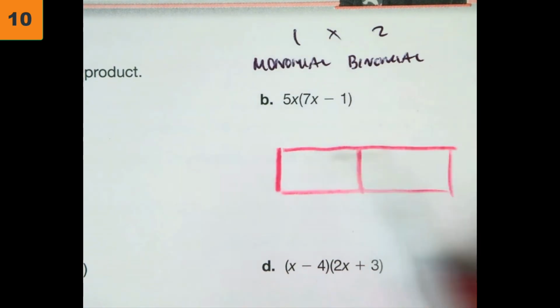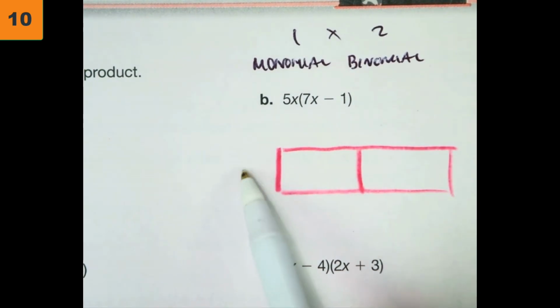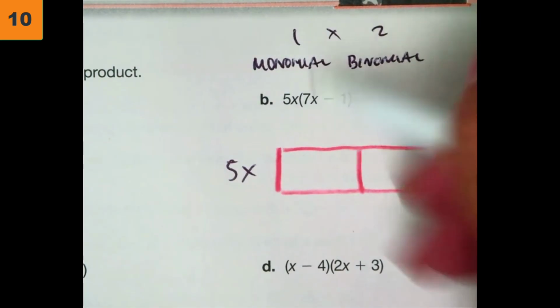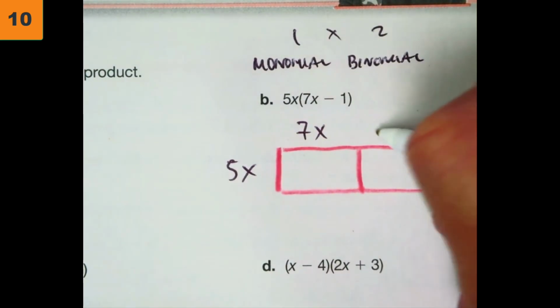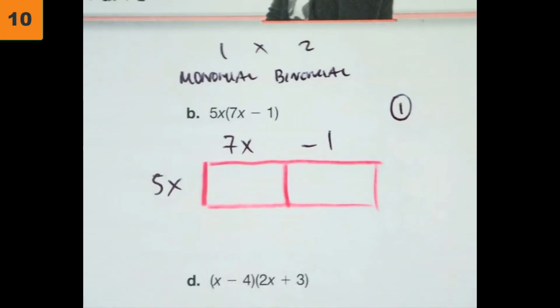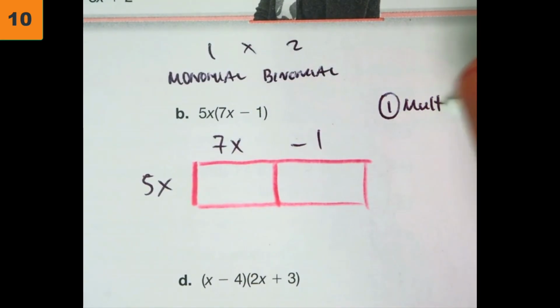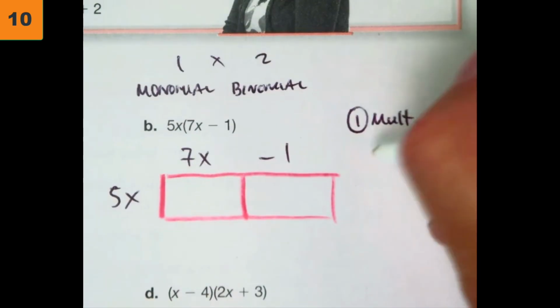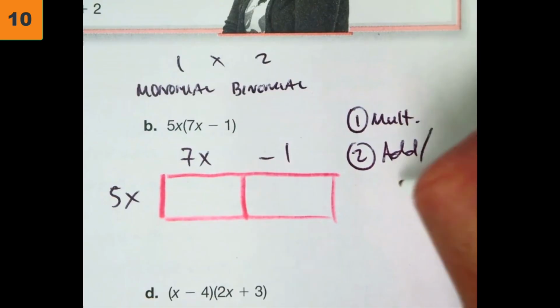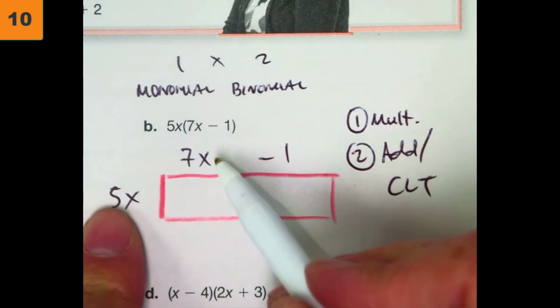So I have a total of 2 boxes. What do you think I'm going to put? What do you think I'll put on this side? 5x. And this side? Class, what math operation did we learn to do first today? We learned to multiply first, and then second we do what? Add. Or combine like terms. Class, 5x times 7x?